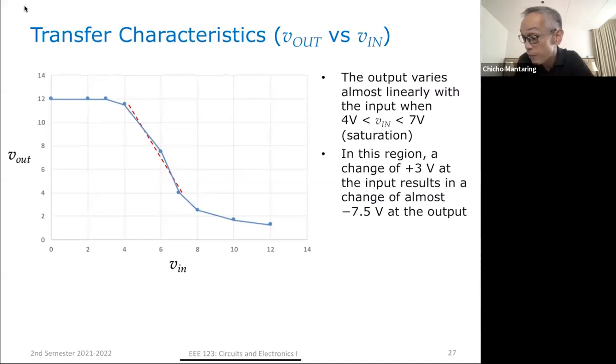So if I take a look, this is 3 volts, this is 3 volts, and this one is 7.5 volts. And it is negative because as your input is increasing, your output is decreasing.